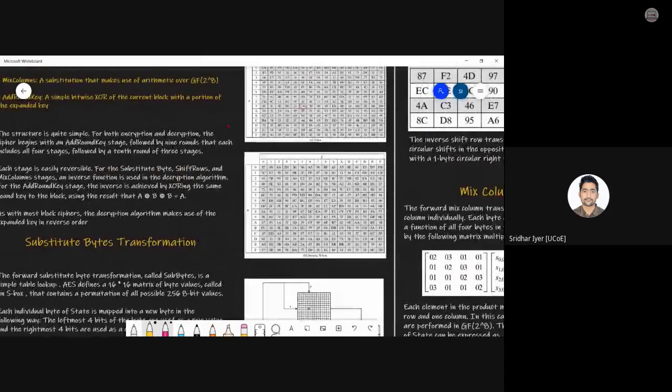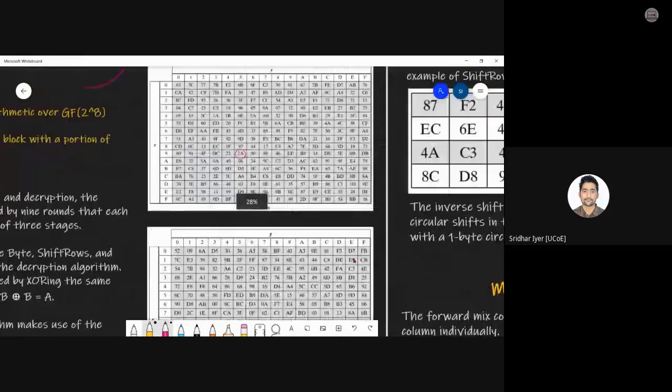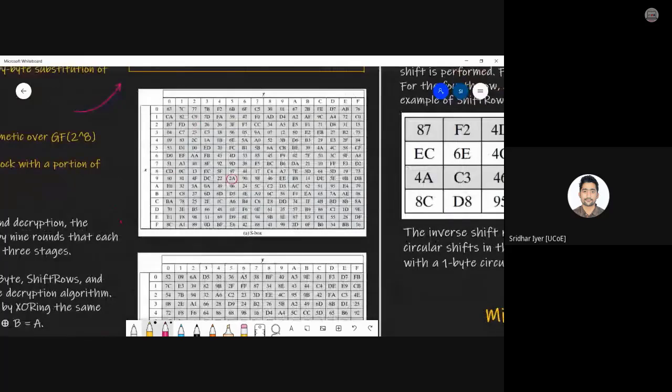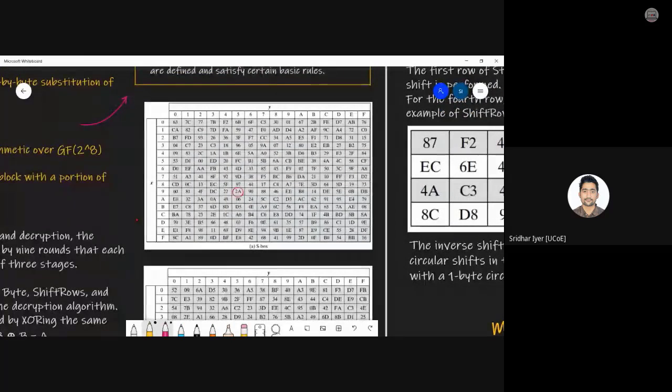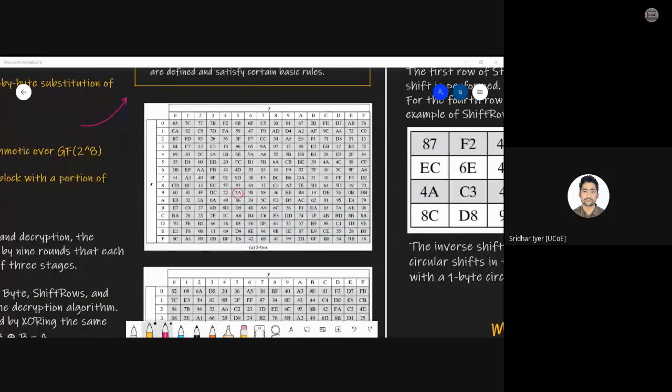Just have a look. There is an S box given. S box is nothing but substitution box. Now we know that each of the cells of the matrix is 1 byte. Yes or no? It is 1 byte, that is, it will be an 8-bit value. So 2 raised to 8, 256.